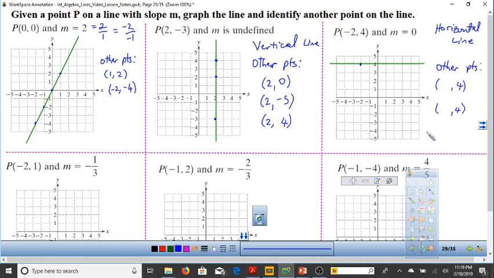They asked for only 1, but I'm putting 3. So I could have used 0, 4. I could have used 3, 4. And I could have used negative 5, 4. That's a horizontal line. If you notice, y doesn't change, so the equation is y equal to 4. And in this equation, x is equal to 2 all the time.